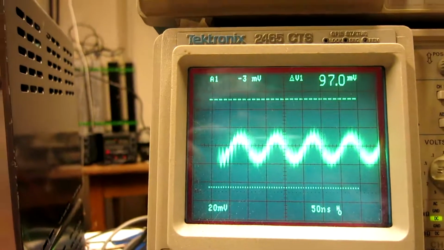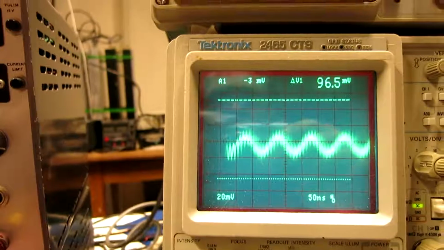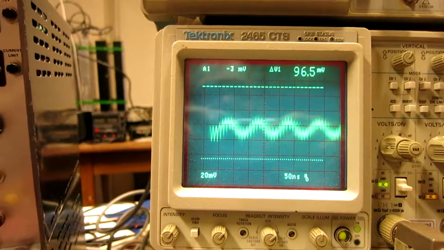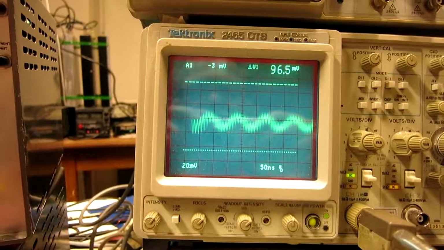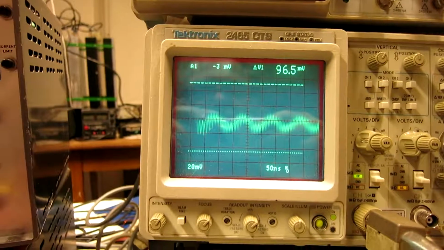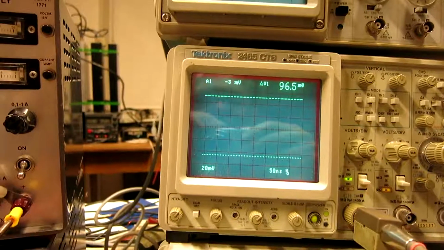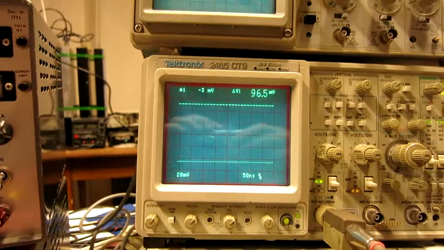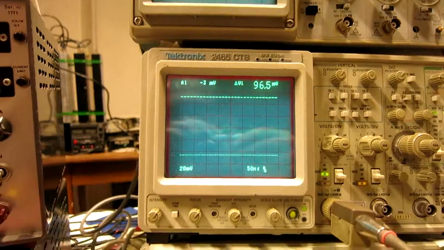A little bit more. Something like 96 millivolts. Let's say 100 millivolts. And then there is a factor of 100 in the capacitance ratio. So it means 10 volts. That should be sort of maximum at a load capacitance of, in total, something like 20 pF.